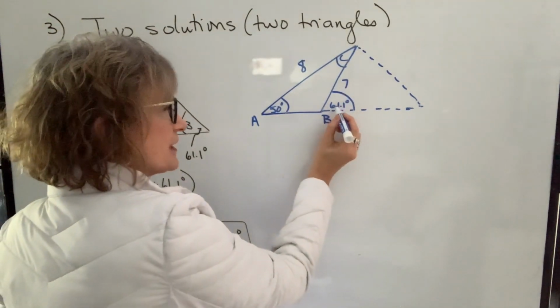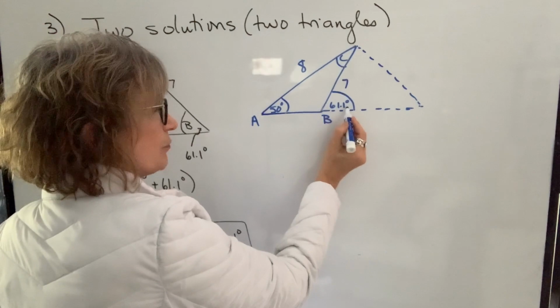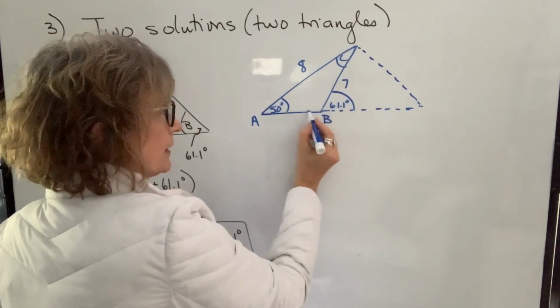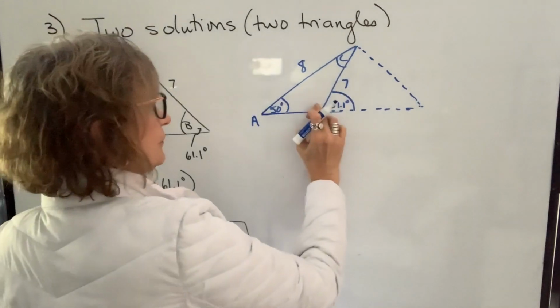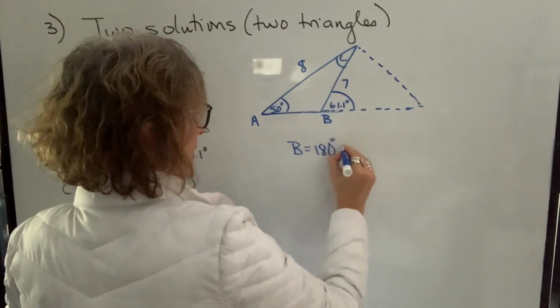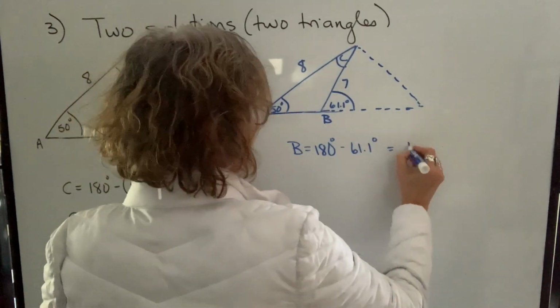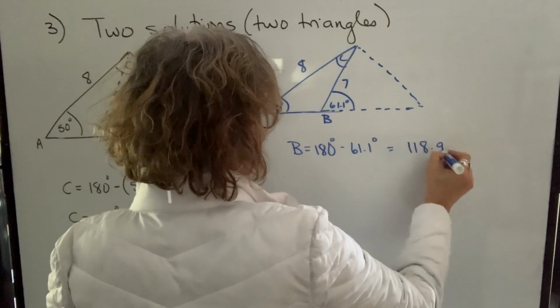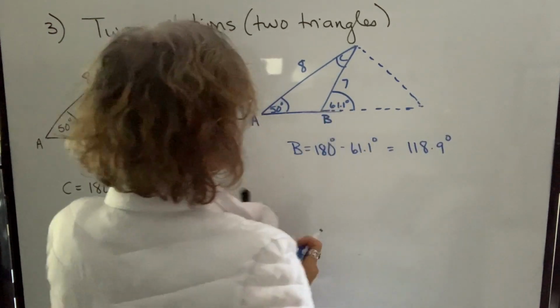I'm really just interested in the fact that this angle is 61.1. So I know a straight line, the total angle is 180 degrees. So to find angle B, I take 180 degrees minus 61.1 degrees, which will give me 118.9 degrees. Would be the angle in my new triangle.